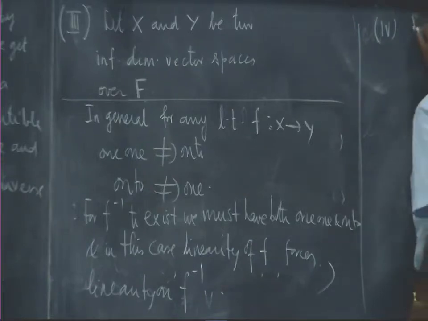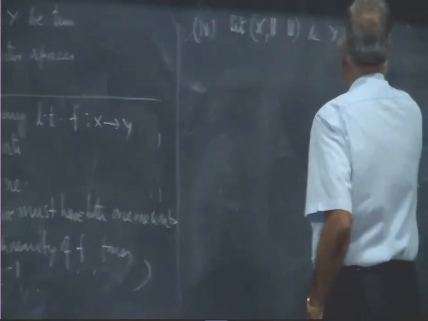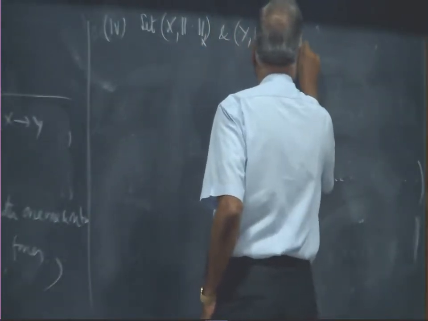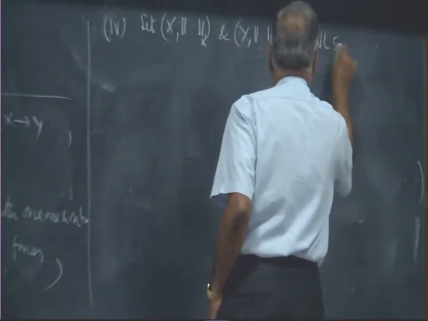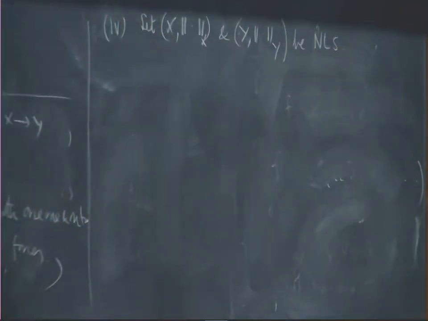So let X and Y, let me call these (X, ‖·‖) and (Y, ‖·‖), be normed linear spaces. Now what would I like? I will talk about not only linear transformations but bounded, continuous linear transformations, because I have the norm structure.